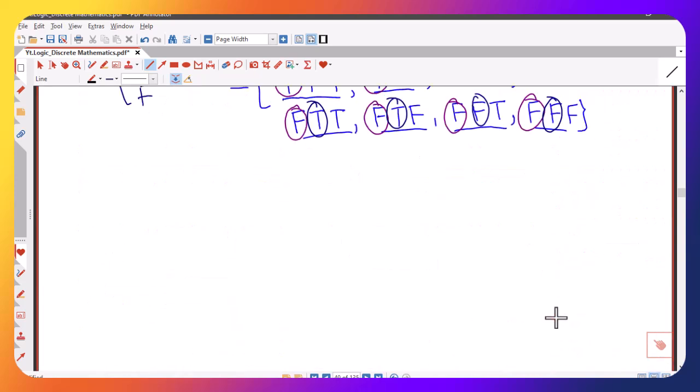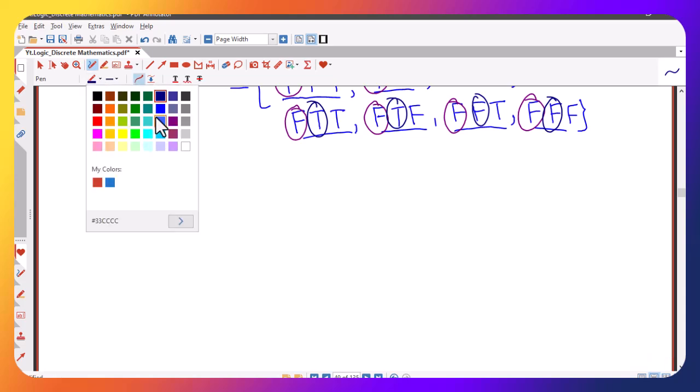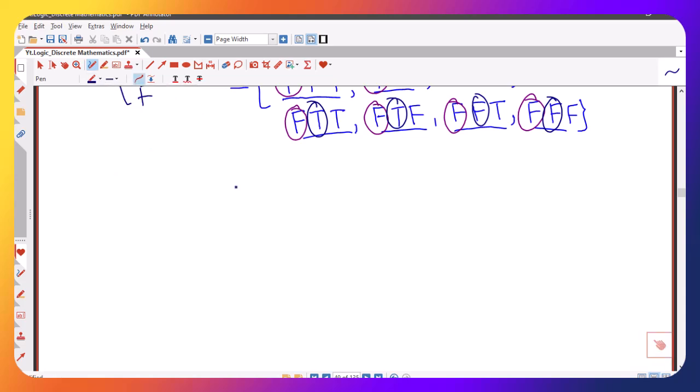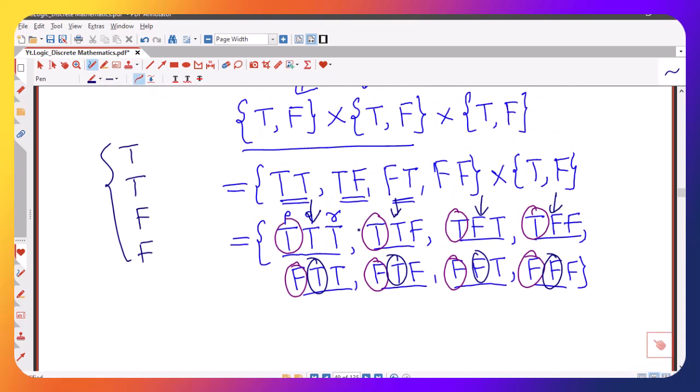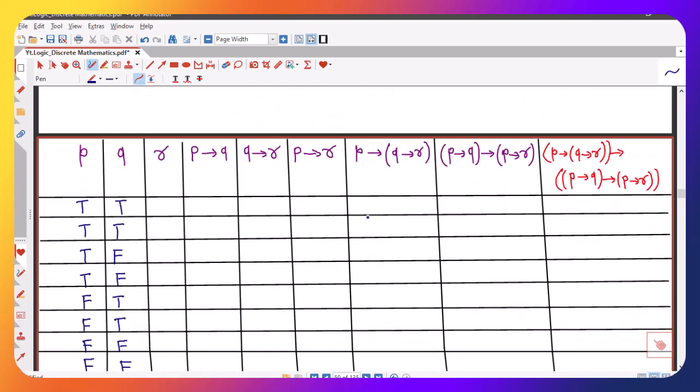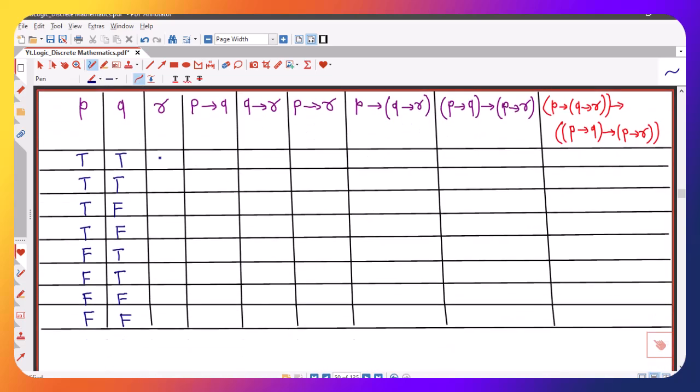Okay, fine. Now we write the possibilities for R, that is the third statement variable. Here I have T, then F, then T, and then F. T, F, T, F. So for statement variable R, we have alternately true and false.